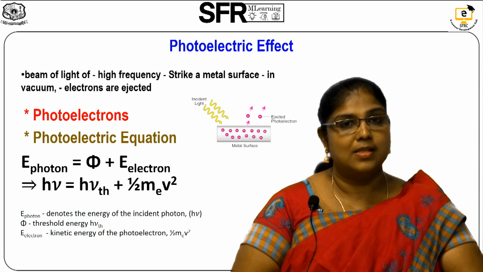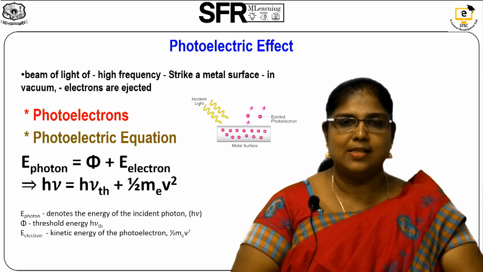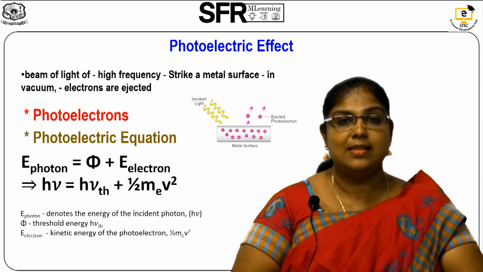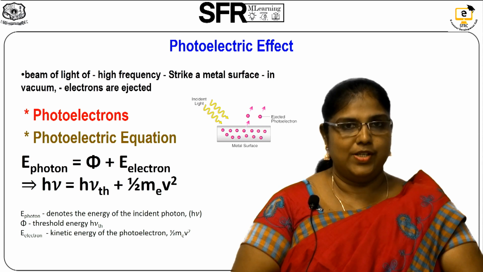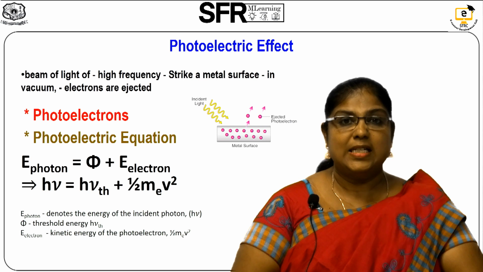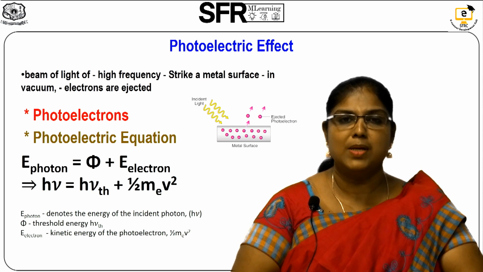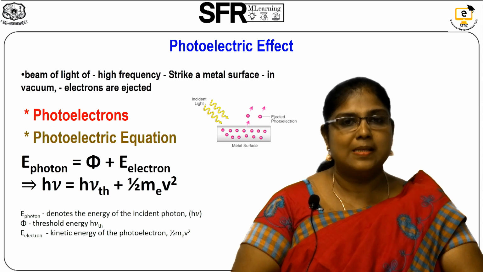J.J. Thomson in his experiment found that when radiations fall on a metal surface, electrons are ejected. When a strong beam of light of sufficient frequency strikes a metal surface, it emits electrons, and these electrons are called photoelectrons. This is the photoelectric equation, given as E photon is equal to phi plus E electron. Each and every metal has its own threshold frequency, which is the minimum frequency that must be supplied to take away the electron from it.